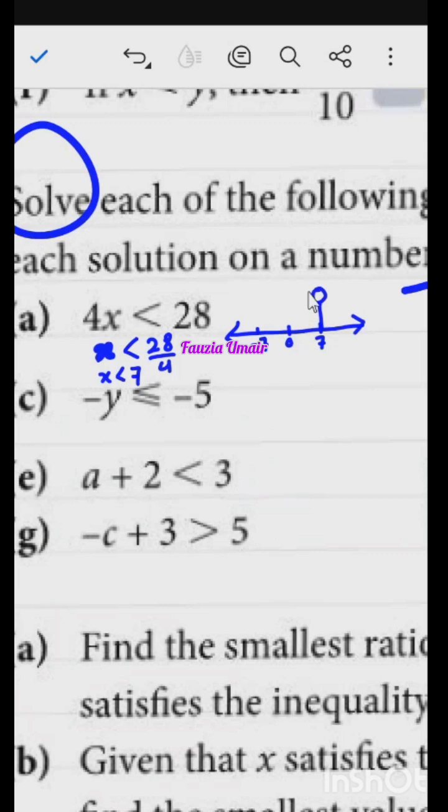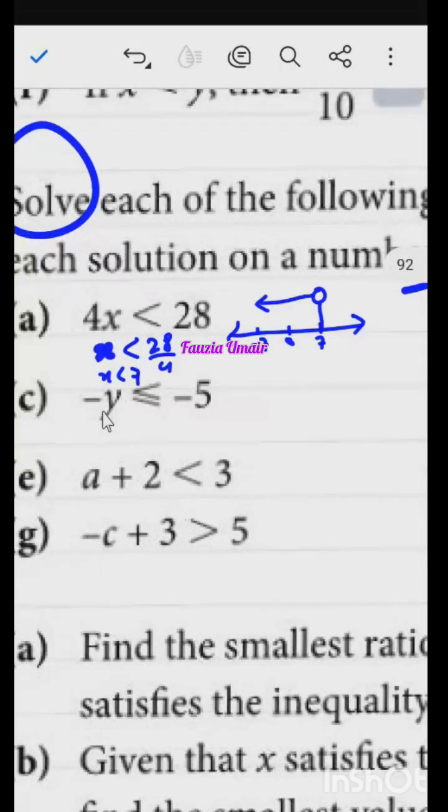There is an empty circle, and because it is less than, the direction of the arrow would be towards the left side. ठीक है? Are we clear? You can skip this line which I am making if you don't want to add this.